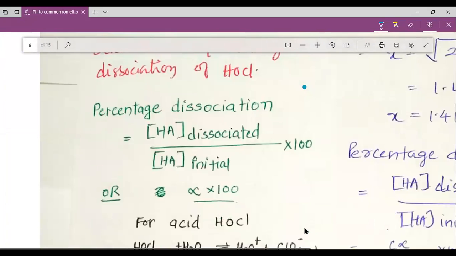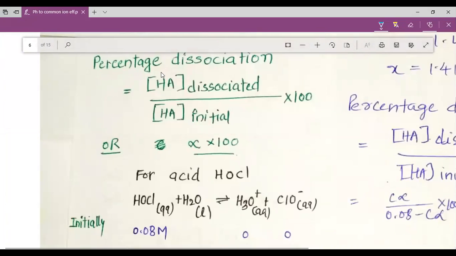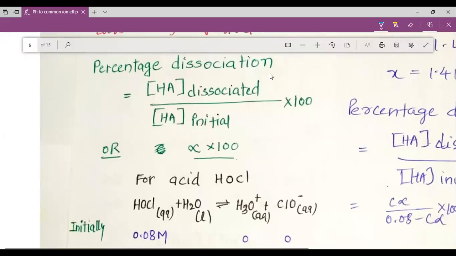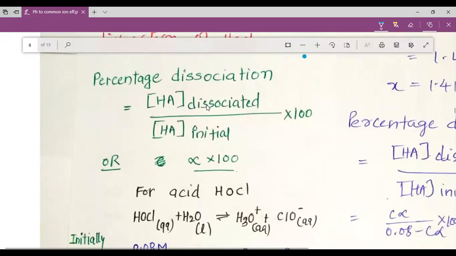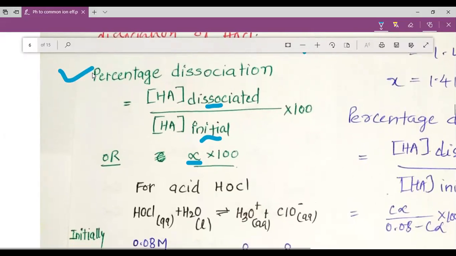First of all, we should know this formula, that percentage dissociation is equal to the concentration of HA dissociated divided by the initial concentration of HA multiplied by 100. But this is the value of alpha, my dear students, which we call the degree of dissociation. So we can write it as alpha multiplied by 100. This is the simple formula to calculate the percentage dissociation.